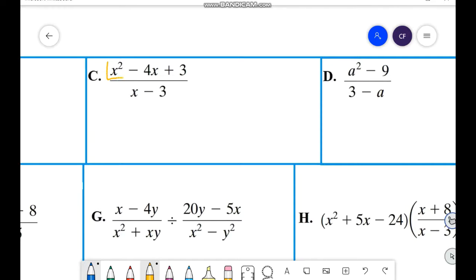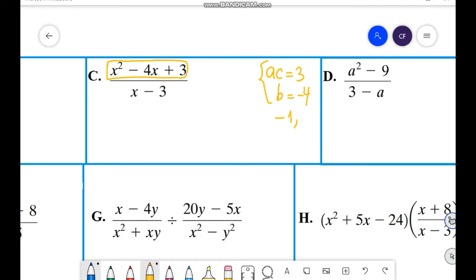Letter C, check this, you have to remember how to factor it out. We can use the AC method. A times C is 3, and B equals -4. You need to find two numbers. The multiplication of these two numbers is 3, and the addition of the two numbers is -4.